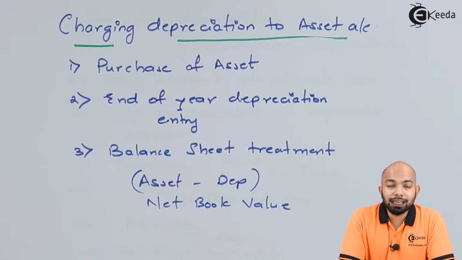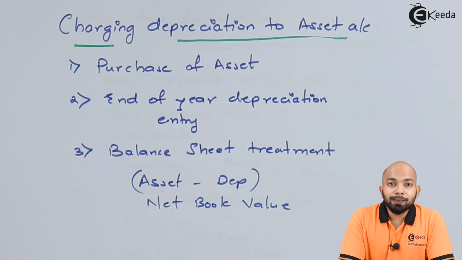We'll pass a specific entry for this. After that, we'll go ahead and charge depreciation. Just a point to remember, in a year, you can purchase n number of assets. It is not necessary that in a specific sum you'll have just one specific asset. A company might purchase 2 or 3 assets in one specific year, in one specific month, or in continuous months.